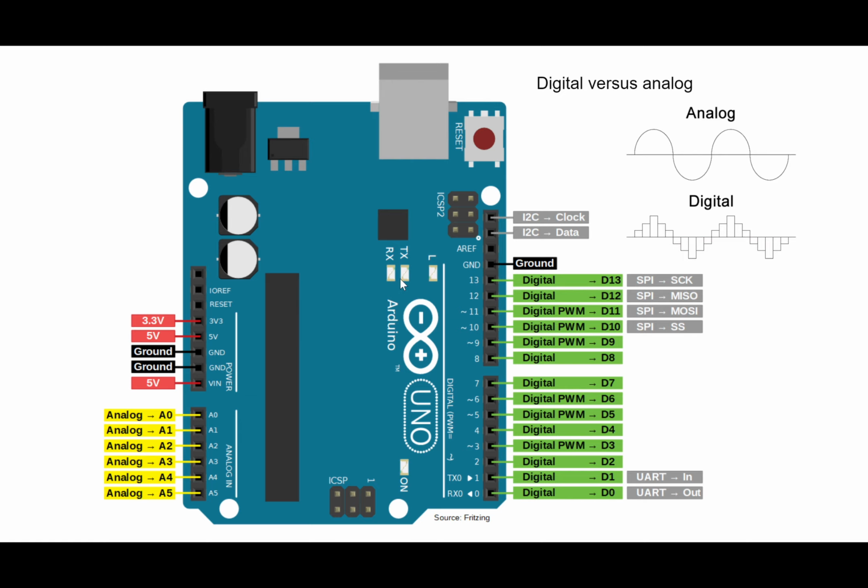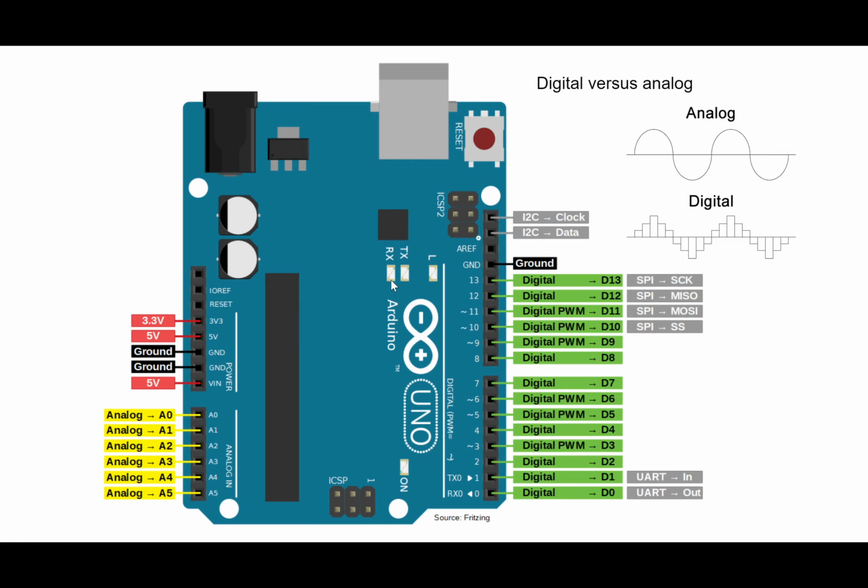TX and RX, again, you don't need to know specifically what this is, but any sort of communication that the Arduino is doing with the computer via the cable or via these pins here, 0 and 1, you can see the TX0 and the RX0. Whenever it's communicating in either of those ways, these lights will light up. T is for transmit, R is for receive.